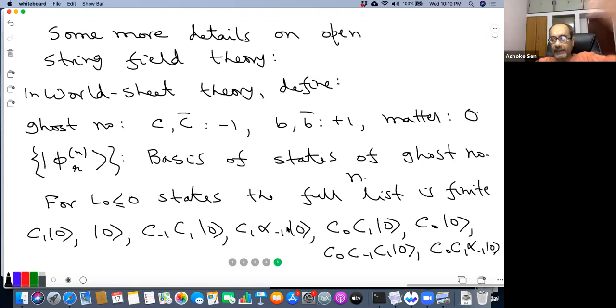And then you, of course, apply all the Virasoro generators and the C's. So in the Liouville sector, for example, L minus 2 of Liouville acting on the vacuum will contribute. But L minus 1 on the Liouville is 0 because it's an SL2R invariant vacuum. So you cannot construct any Liouville excitation for the L0 less than or equal to 0 states. And L0 larger than 0 states get contributions from Liouville, but they all cancel. So you don't have to worry about integrals over those.